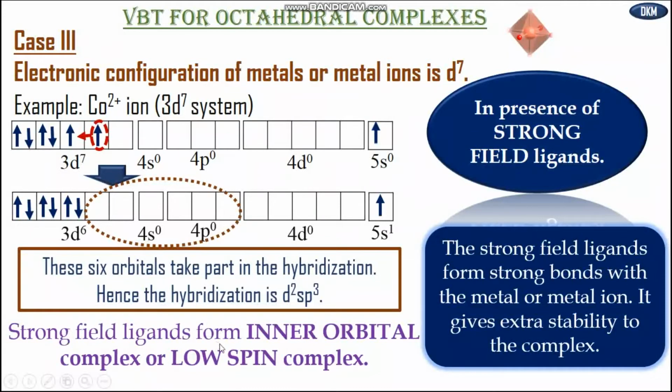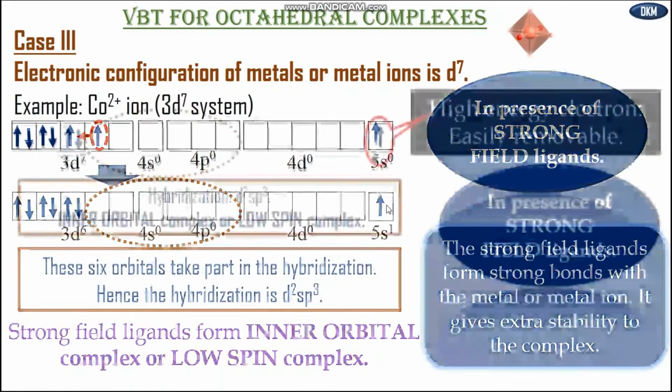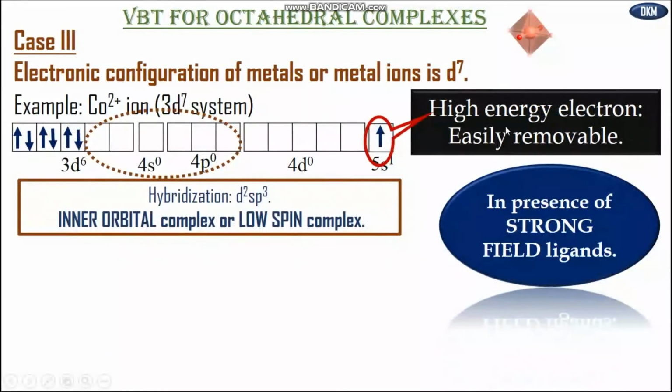One point should be noted here. The promoted electron resides in the 5s orbital. So, it is a very high energy electron. It has high tendency to escape from the complex. So, these types of complexes are very much prone to oxidation.